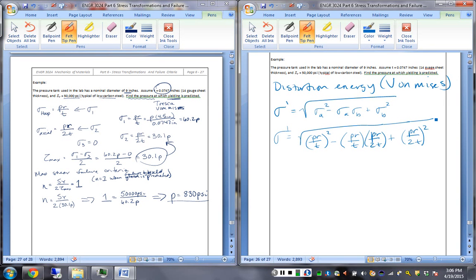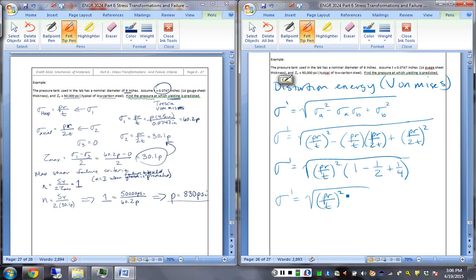Alright, taking out a P squared R squared over T squared, we can say that this is the square root of PR over T squared times 1 minus 1/2 plus 1/4, and 1 minus 1/2 plus 1/4 is 3/4.